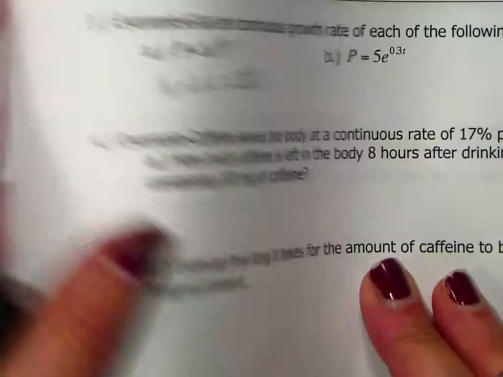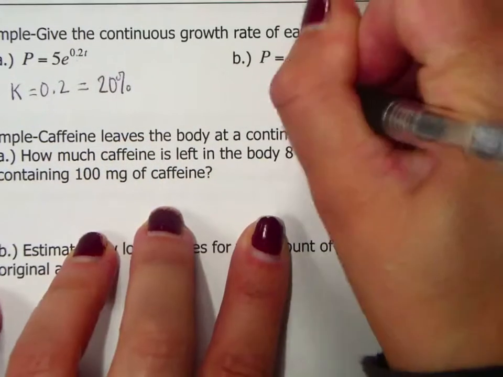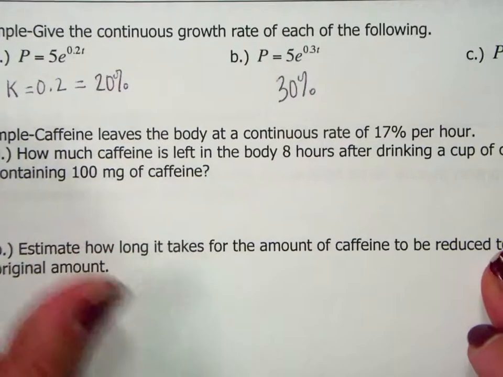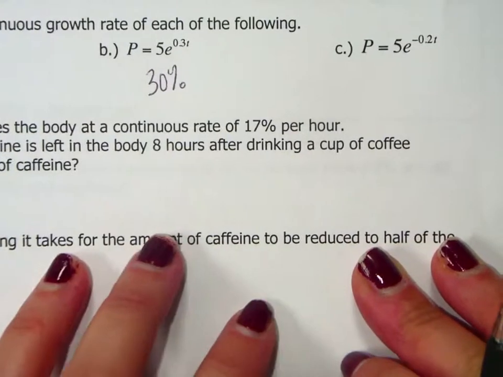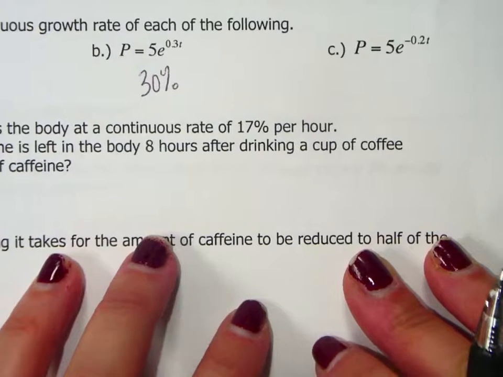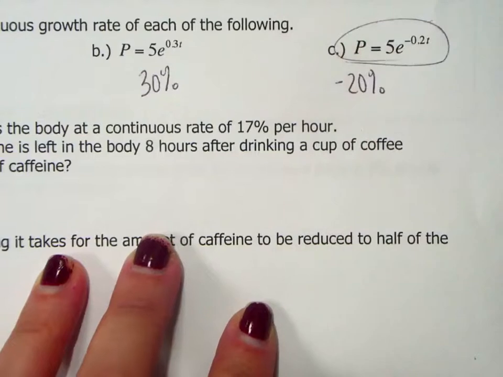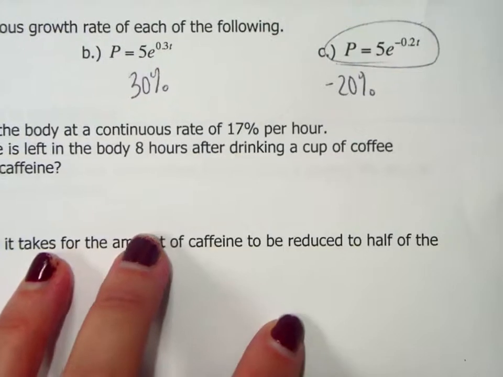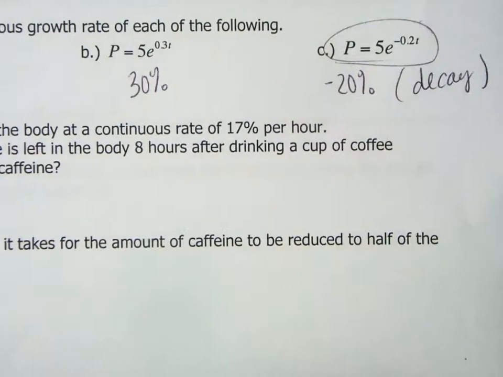So what would the growth rate be for the next one? 30%. And the last one, negative 20%. So what does that negative 20% mean? It's decaying. Yeah, exactly. That means that this is decaying. So it decays continuously at 20%.